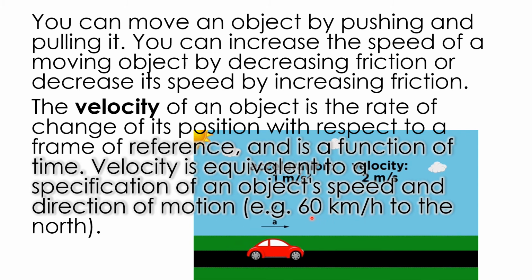Speed lang yun. Pero pag nilagyan natin to the north, may direction, that is velocity. So, malinaw. Pagtandaan natin, pag speed lang, merong kilometer per hour. Pero pag may direction, that is velocity.